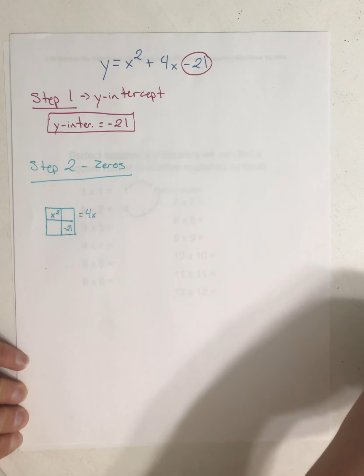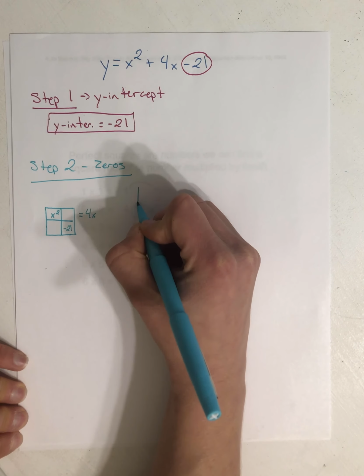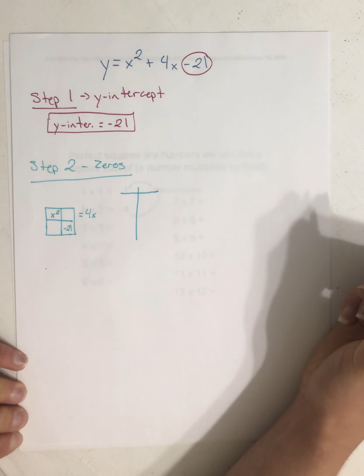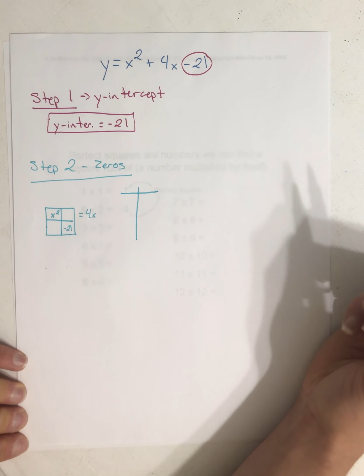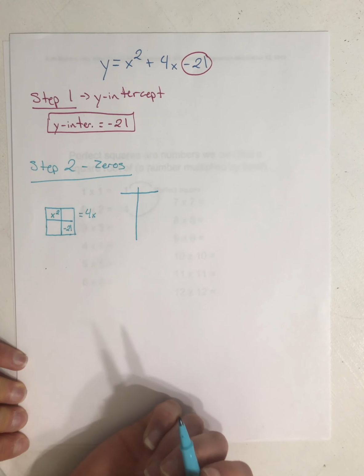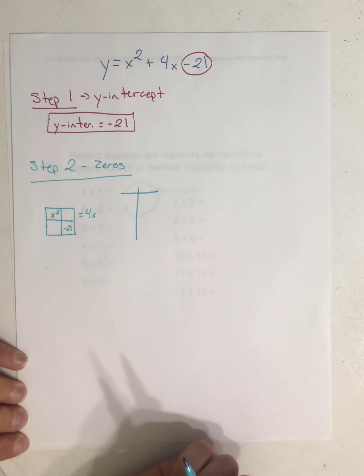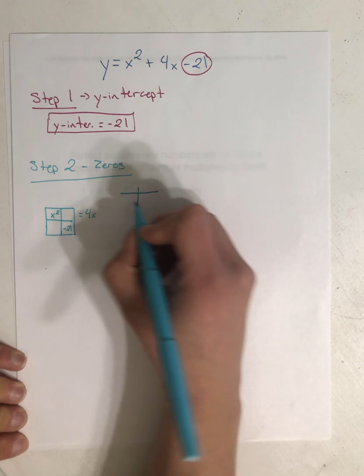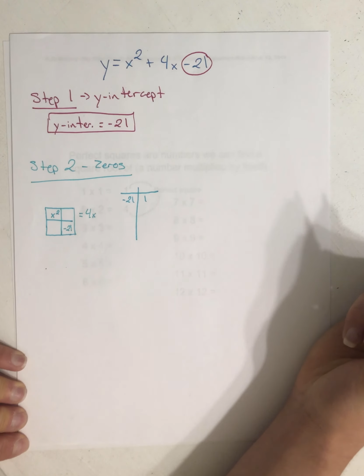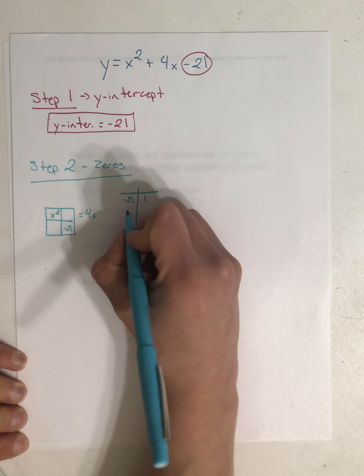So what we're gonna do is take our little chart and figure out two things that are going to multiply together to give us -21 and add together to give us 4. So let's start. -21 and 1 will give us -21, right?